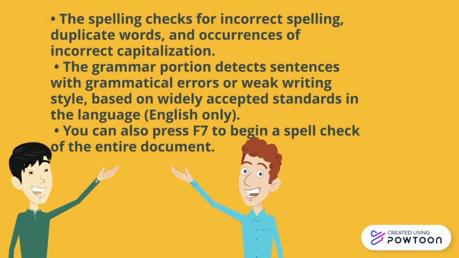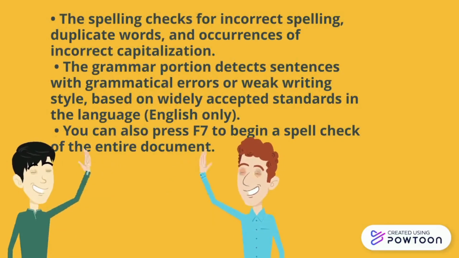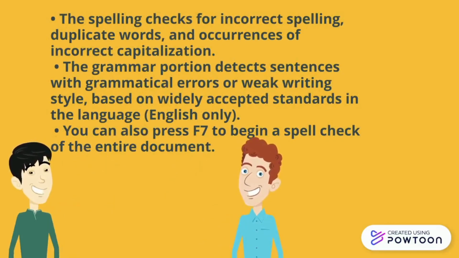Blue wavy lines indicate grammatical or structural errors, or a potential contextual error. The spelling checks for incorrect spelling, duplicate words, and occurrences of incorrect capitalization. The grammar portion detects sentences with grammatical errors or weak writing style, based on widely accepted standards in the language, English only. You can also press F7 to begin a spell check of the entire document.